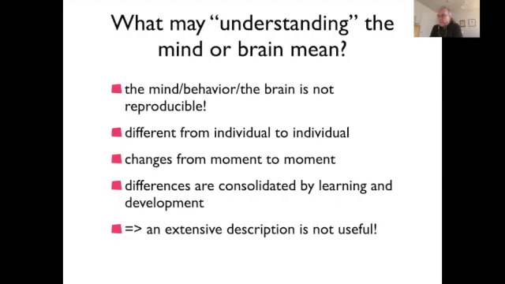The first thing might surprise you. In a way, a challenge is that the mind and behavior and actually even brains aren't really reproducible per se. If you were to measure everything about them, if you had perfect observation, you would get a myriad of data and it wouldn't be possible to map these data from individual to individual.